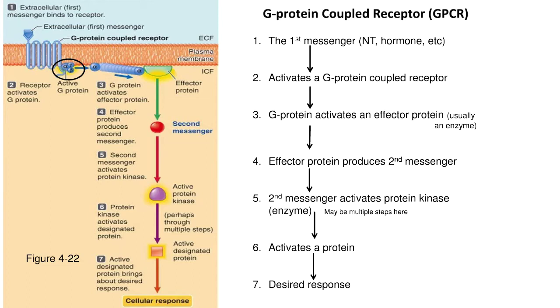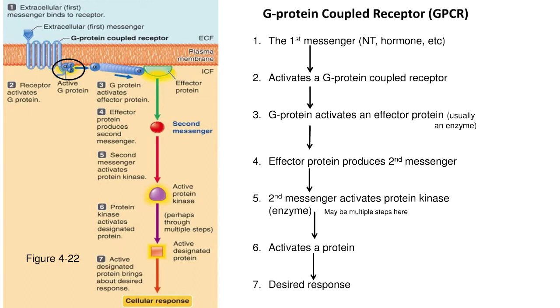Okay, so what that means is there's a complex of 3 protein subunits, and it's designated there. One is an alpha, one is a beta, one is a gamma. And those subunits then are going to pass the signal through the inside of the membrane to an effector protein.